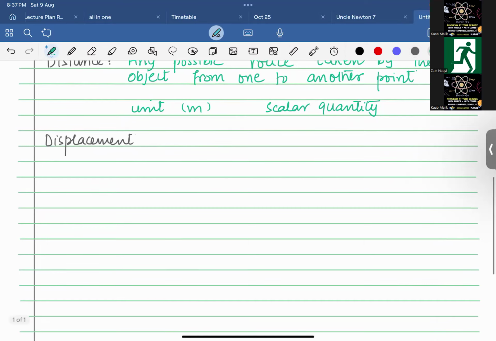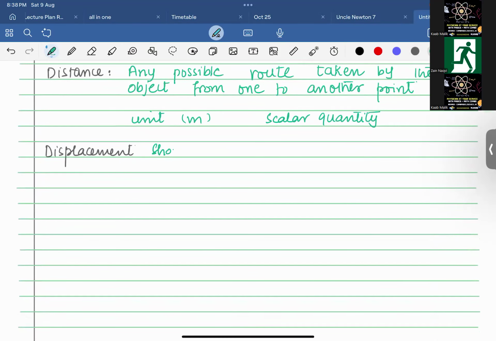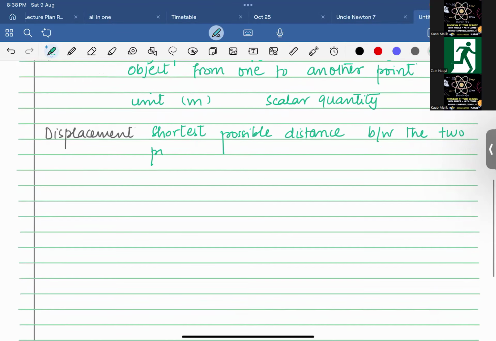Then we have the displacement. Displacement is the shortest possible distance between the two points in a specific direction.